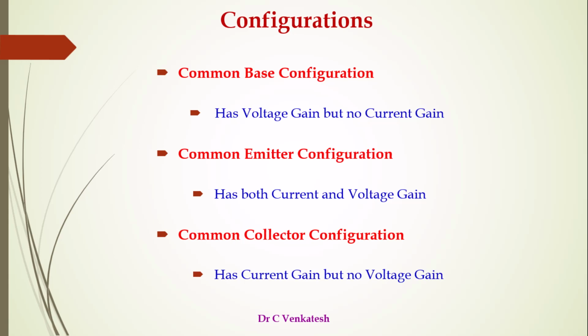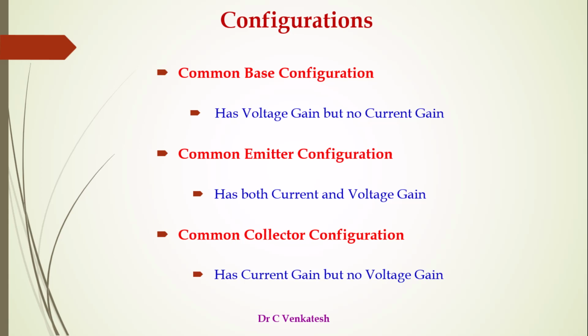Next we are going to see bipolar transistor configurations. As the bipolar transistor is a three-terminal device, there are basically three possible ways to connect it in an electronic circuit, with one terminal being common to both the input and output. The three terminals are base terminal, emitter terminal and collector terminal.